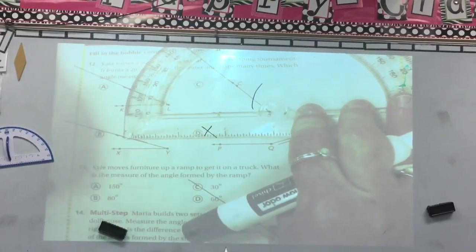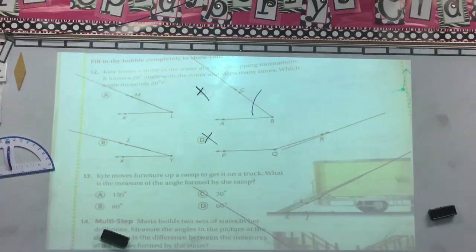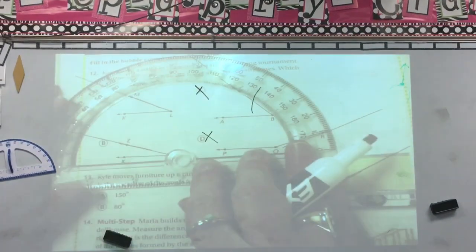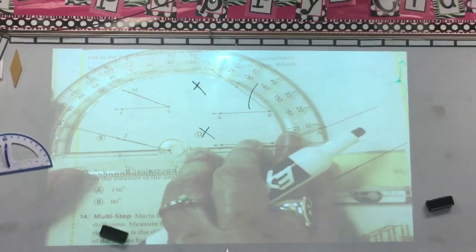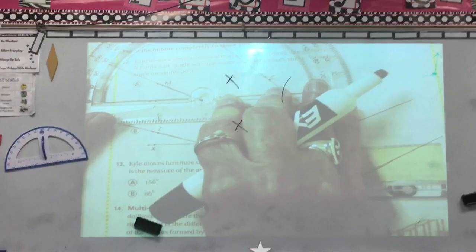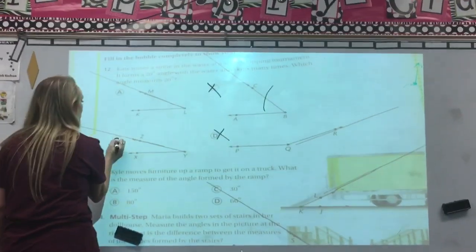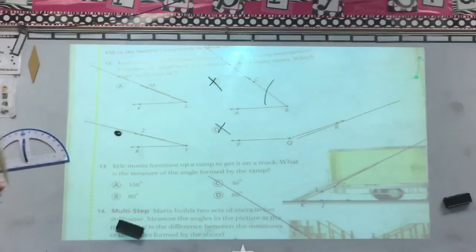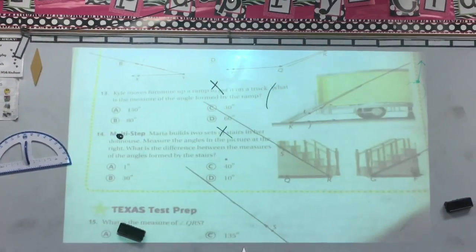That is definitely way over 20, so mark out C. Then you need to check out A and B. A looks like 30 degrees, B looks more like 20. So 20 is going to be the best answer, which would be B.